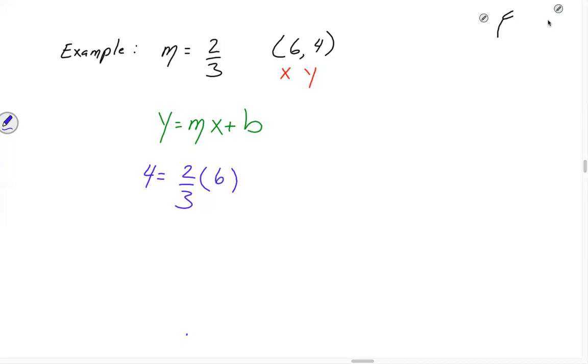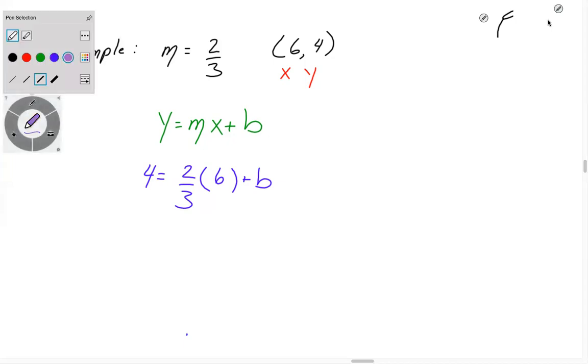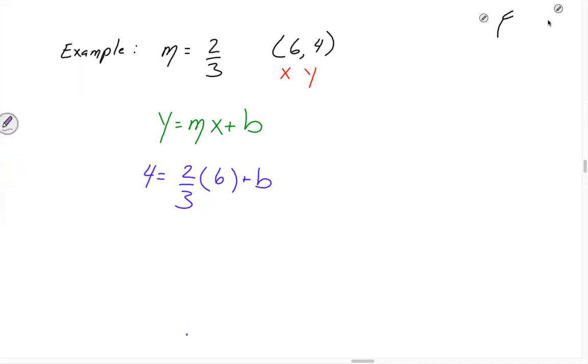Perfect. And we don't know b. That's what we're looking for. Now, the last step is to solve and simplify. So 2/3 of 6, I can type that in my calculator, or I can do 2 times 6 is 12, divided by 3 is 4.